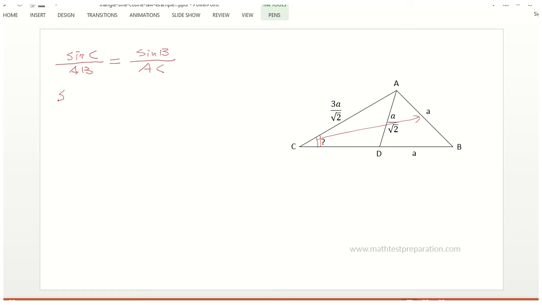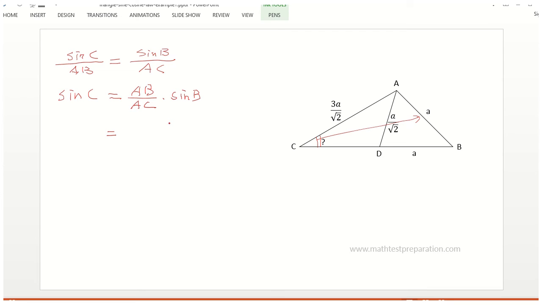So sine C equals AB divided by AC times sine B.